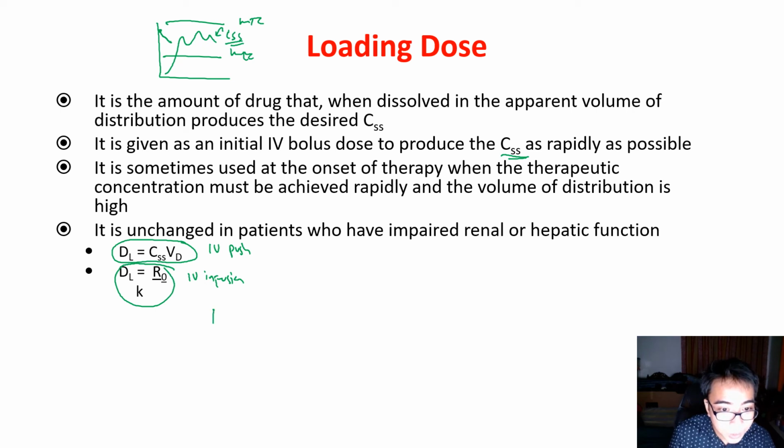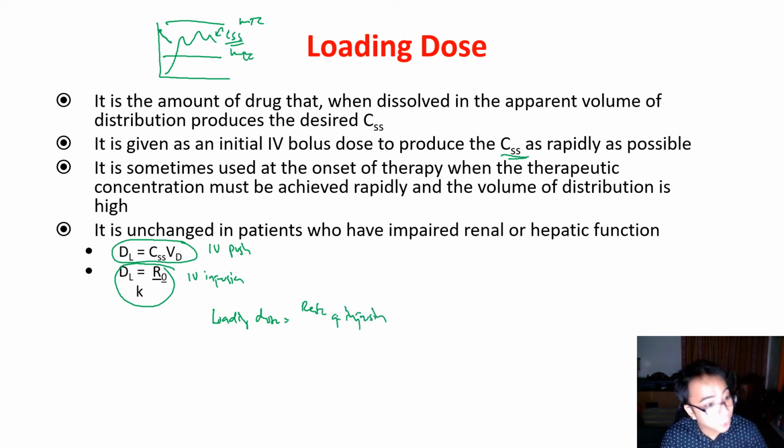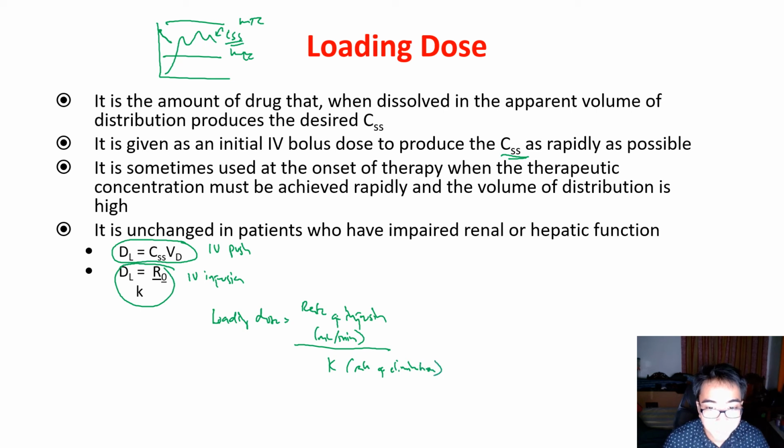So, loading dose is simply equal to rate of infusion. Okay, ano yung infusion rate mo? It's usually expressed in ml per minute. Alright, how many ml of drug is being administered per minute? Usually ml per minute, divided by K, or simply your rate of elimination. Okay? So, yan yung formula natin, class, for an IV infusion.